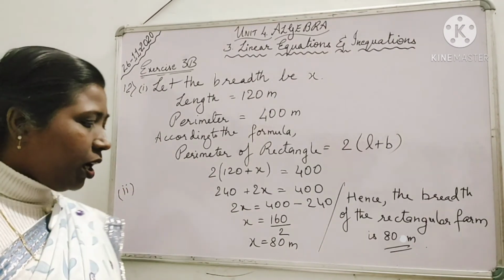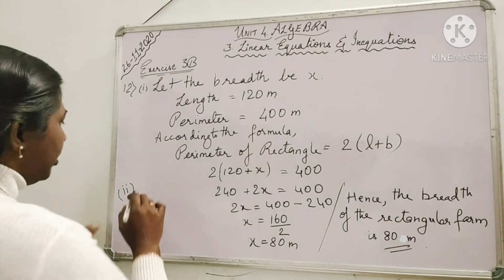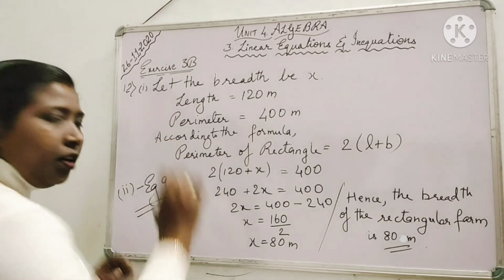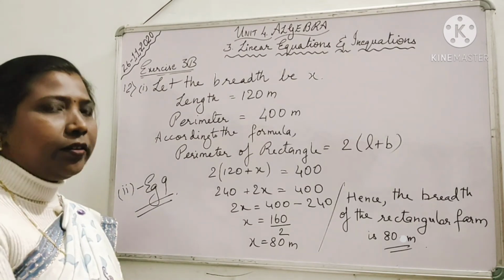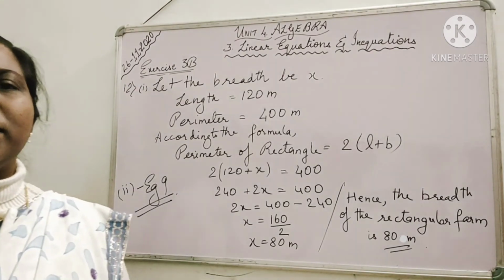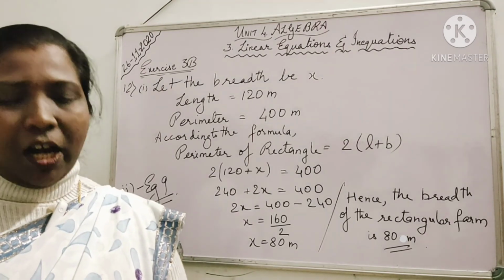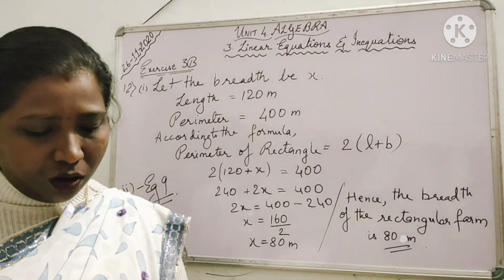Second question, you can see example 9. Okay students, one question you can take as homework. The other questions I made you explain. Yes students, so we have completed our chapter and our portion also.